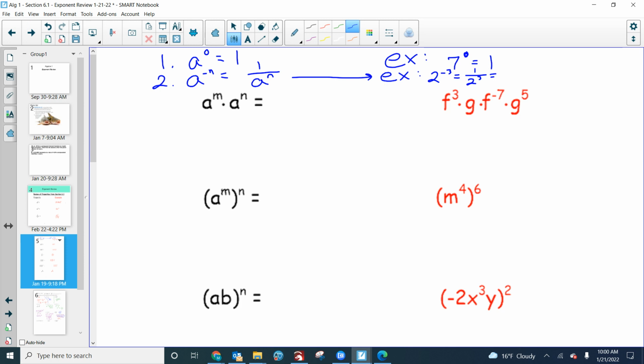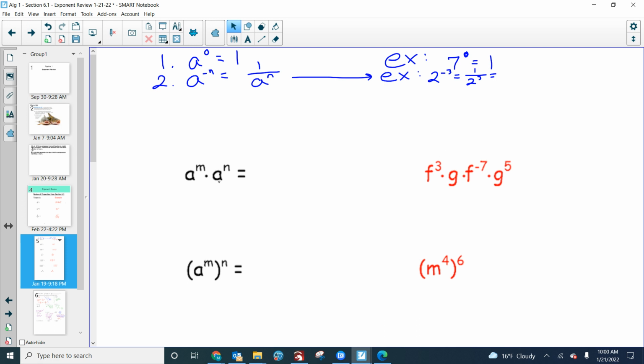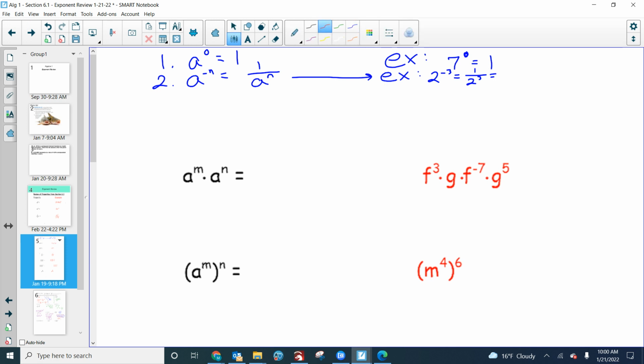Ready for this? What's number 3? 1 over a to the negative n is a to the positive n over 1, which is a to the n.